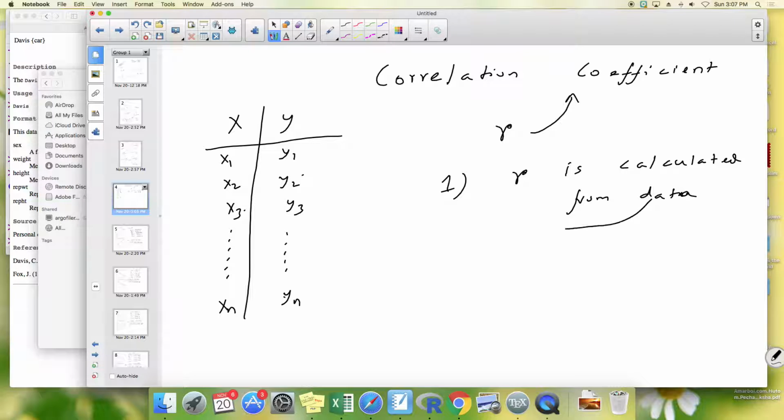That means from this table, R can be calculated. How? Wait a second, that will come later. The second thing, and this everybody knows, the correlation coefficient always lies between -1 and +1. That will always happen.